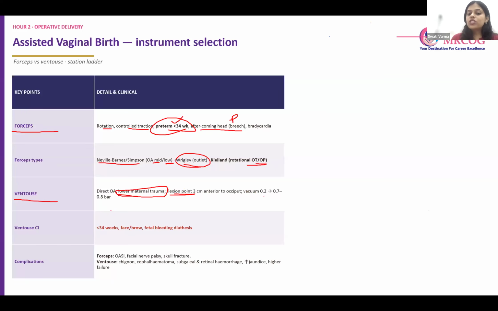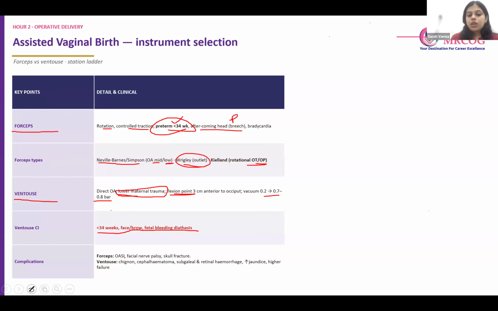You gradually escalate the pressure from 0.2 to 0.7 to 0.8 bars, and then you exert the force. Contraindications of ventouse are, of course, less than 34 weeks, face or brow presentation, and fetal bleeding diathesis. Don't apply ventouse if any of these is there.